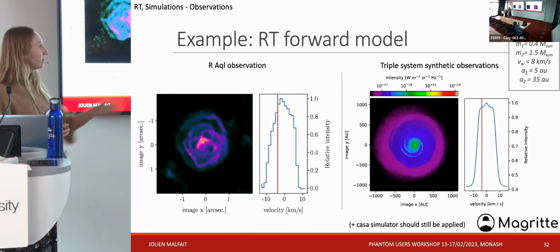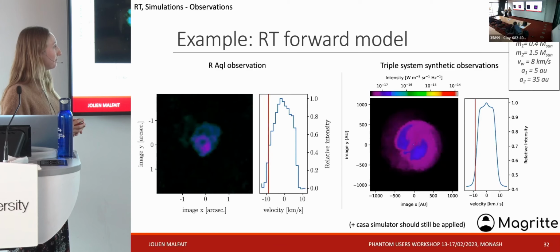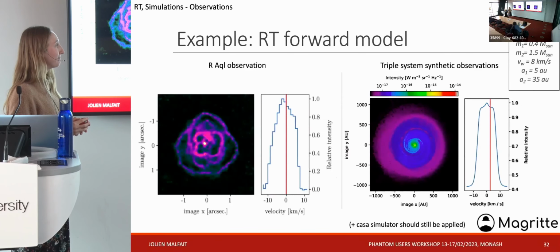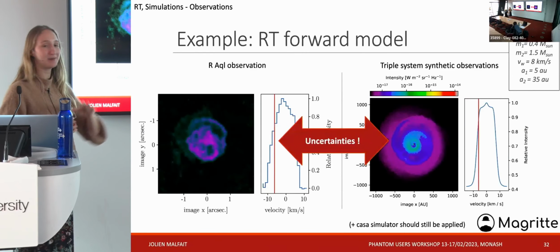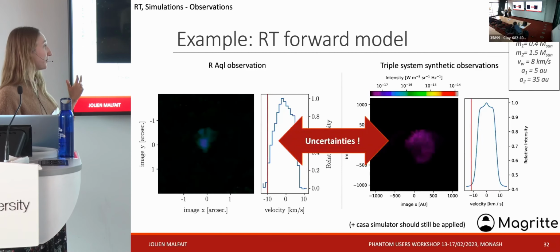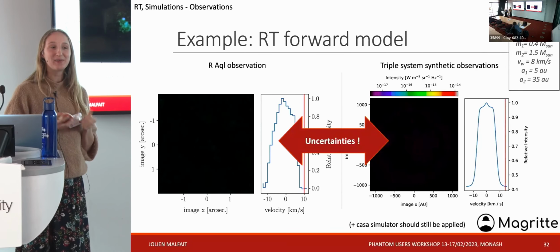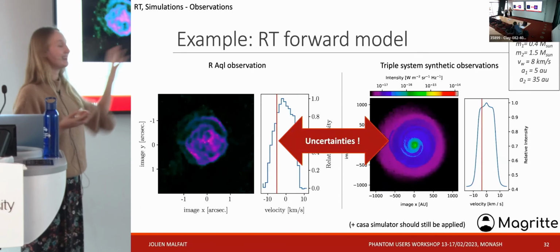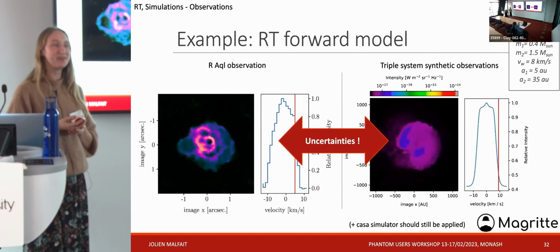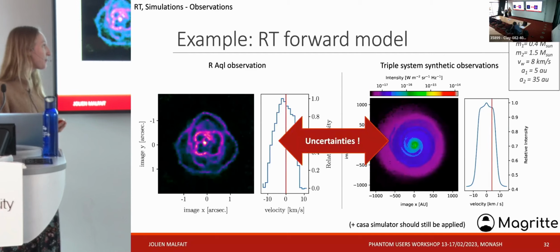So here you see one example of a triple model. But it's still really difficult to compare these things. So first of all, we want to have a more physically correct hydro model, because it's of course still a bit simplistic compared to what is happening in these very complex observations.